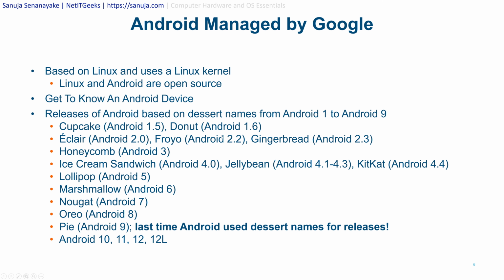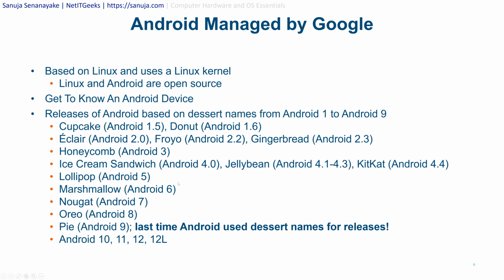Those are the Cupcake and Donut versions. Then we went to Android 2.0, 2.2, 2.3, and then through Android 3, 4, 4.1, 4.4, Android 5, etc. And with every iteration, Google has improved the functionalities and features of the Android operating system.